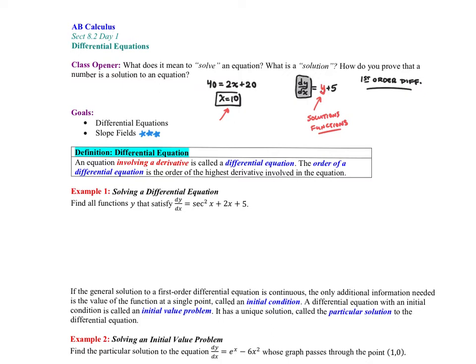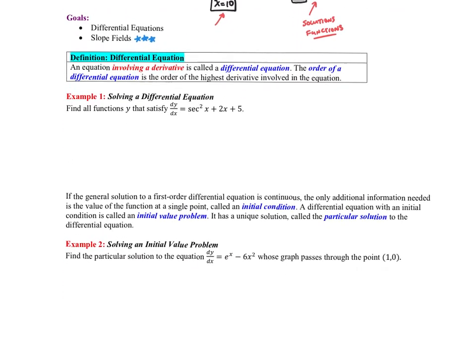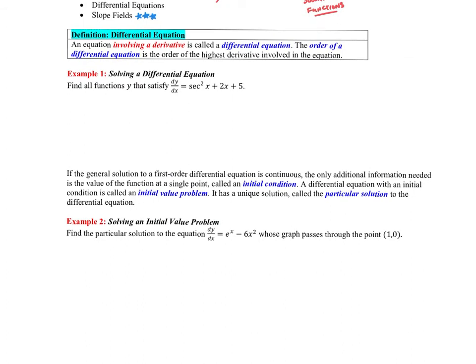We'll see what that is here in a few minutes. By definition, a differential equation is an equation involving a derivative. The order of a differential equation is the order of the highest derivative involved. We'll be dealing specifically with first order and maybe the occasional second order differential equation.